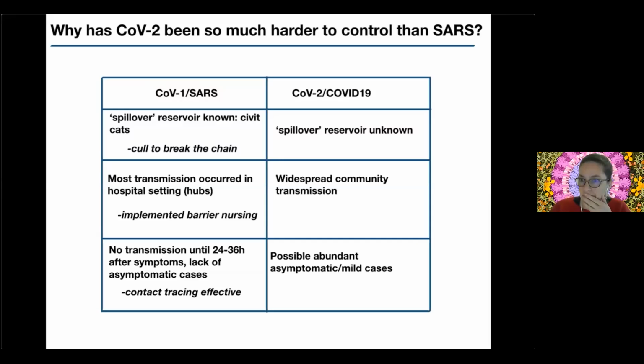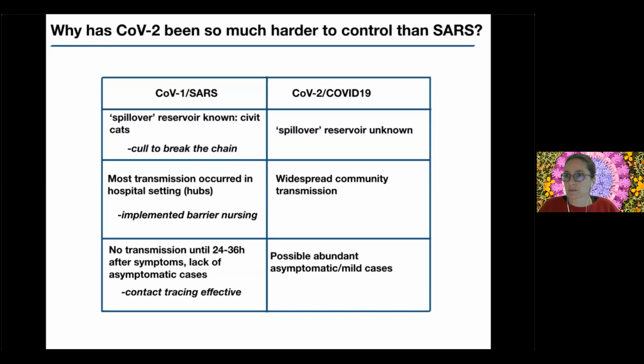And then finally, for SARS-CoV-1, individuals infected with this virus tended not to transmit until probably 24 to 36 hours after the onset of symptoms. And in general, there was a lack of asymptomatic cases as far as we know. And so this is really important from a contact tracing perspective and the ability to stall or inhibit spread of the virus within the population through effective contact tracing and other public health measures.